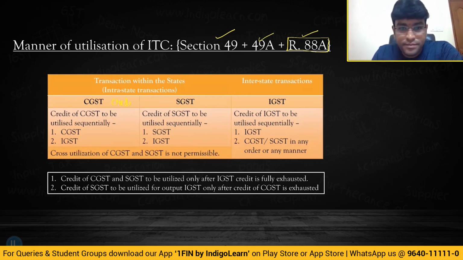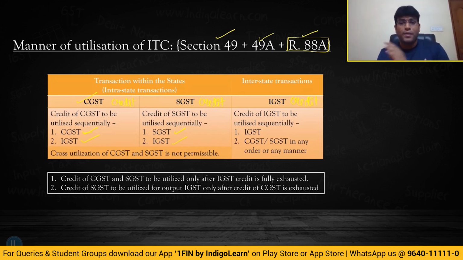CGST credit, SGST credit, IGST credit. CGST credit, first we'll utilize for CGST, then we'll utilize for IGST. SGST credit, we'll first utilize for SGST, then utilize for IGST. But always keep in mind, we cannot utilize CGST credit for SGST, or SGST credit for CGST.